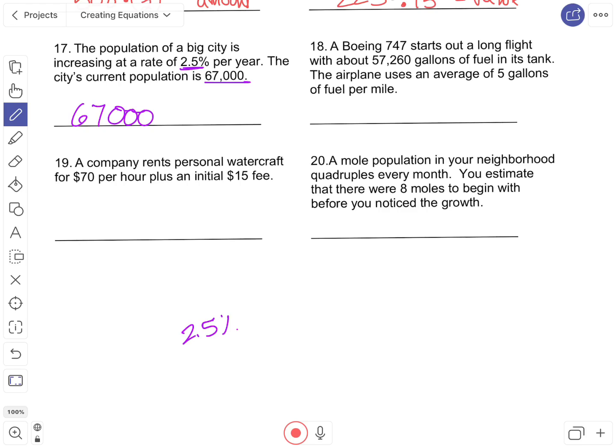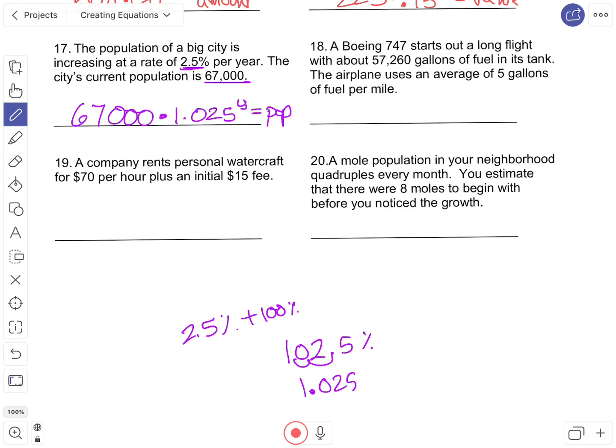So what we have to do is realize that we're actually adding to the 100%, the current population, by 2.5. So really the increase is 102.5%, which we turn into a decimal. So it's actually 1.025 that we're going to multiply by. Again, when we have those percents, the majority of the time, they're going to be multiplication.